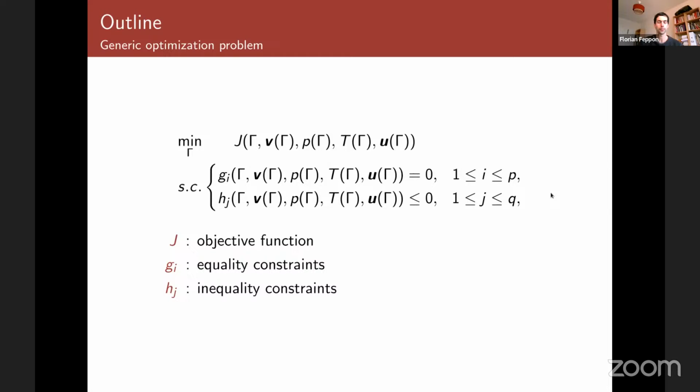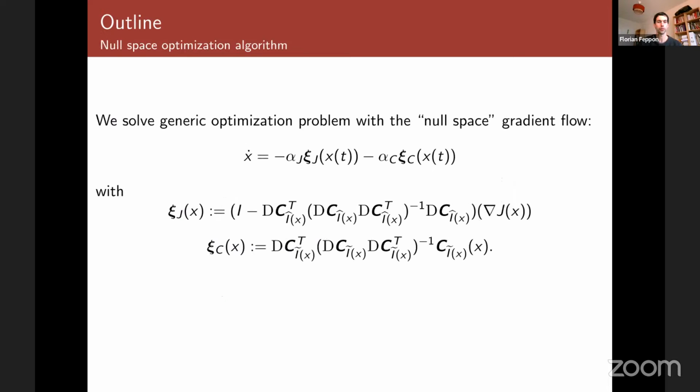In order to take into account some specificities of the level set method, I was not satisfied with the usual augmented Lagrangian methods for the test cases that will follow. So we devised this algorithm, which is very convenient because we don't need to tune too many parameters to make it work.